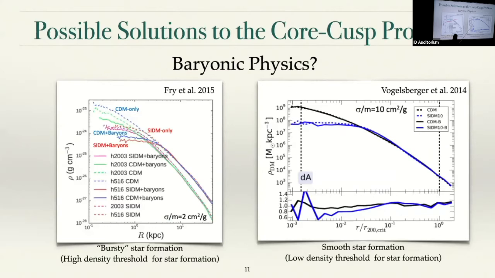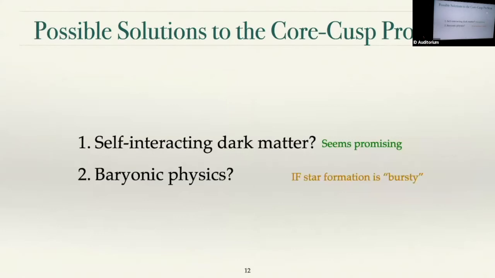The black is CDM and the blue is SIDM, and the dotted is dark matter only, whereas the solid are with baryons, and you see no difference when you include the baryons when you have a smooth star formation or low density threshold for star formation. So if you have bursty star formation, yes, you get cores. If you have smooth star formation, no, you don't. Okay, so baryonic physics can be a solution if star formation is bursty.